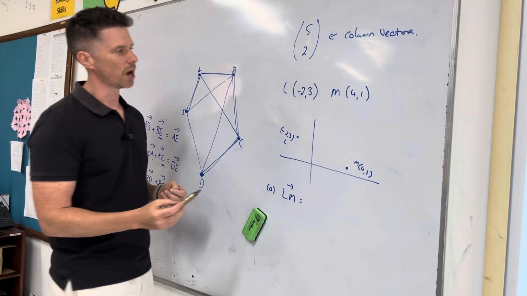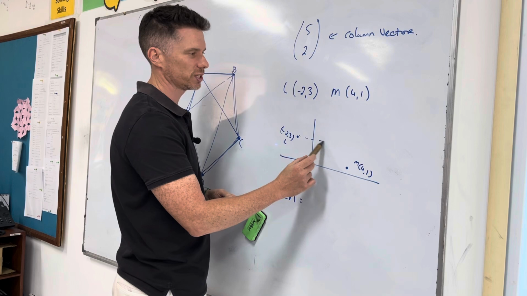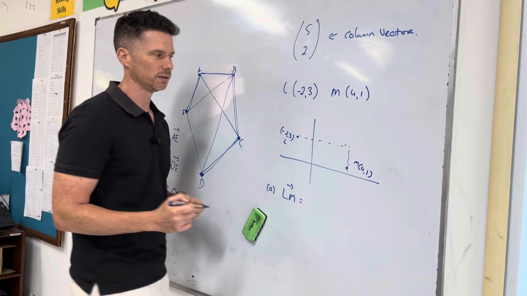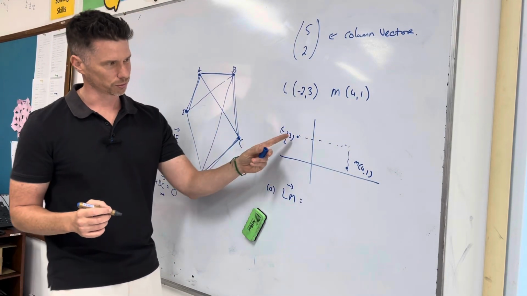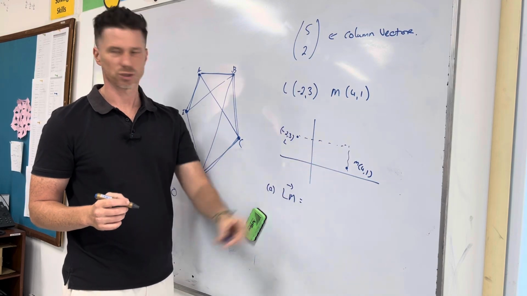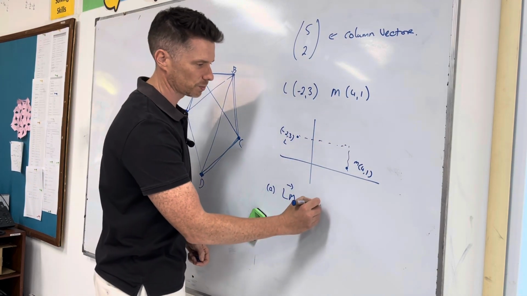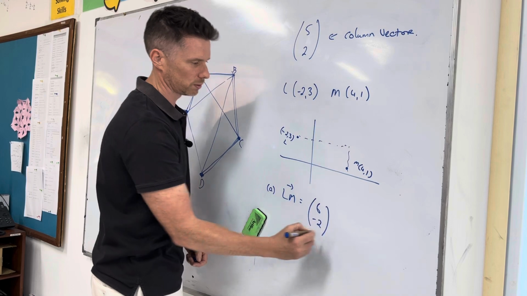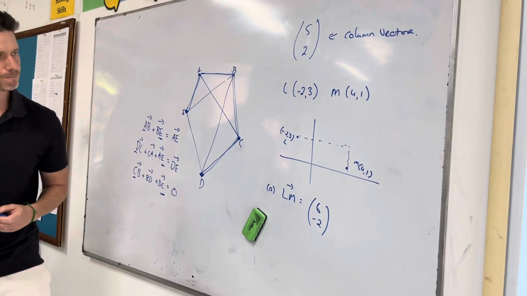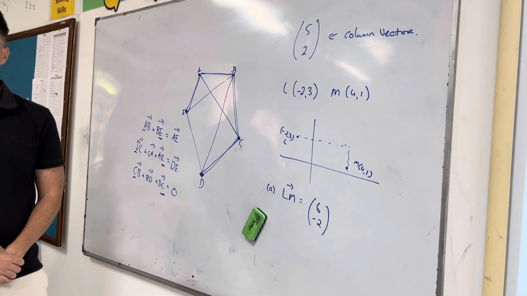Yes, so we talk about how far we go, obviously this way and then this way. So we've gone 6 boxes to the right and we've gone 2 down. So 6 boxes to the right, 2 down. Would you just do the second minus L?